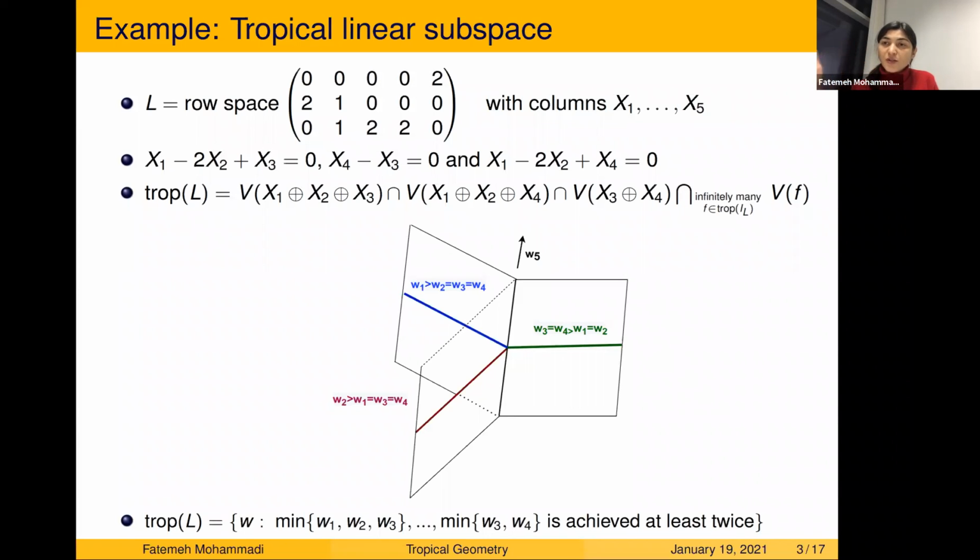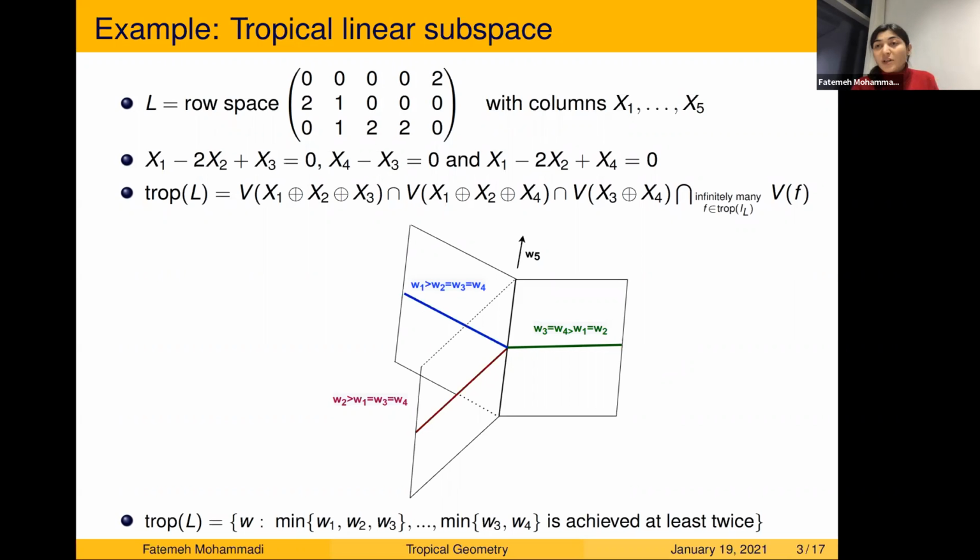So this just shows an example of the linear subspace that we described in terms of some linear equations. We tropicalize them, and then we looked at the corresponding tropicalization.